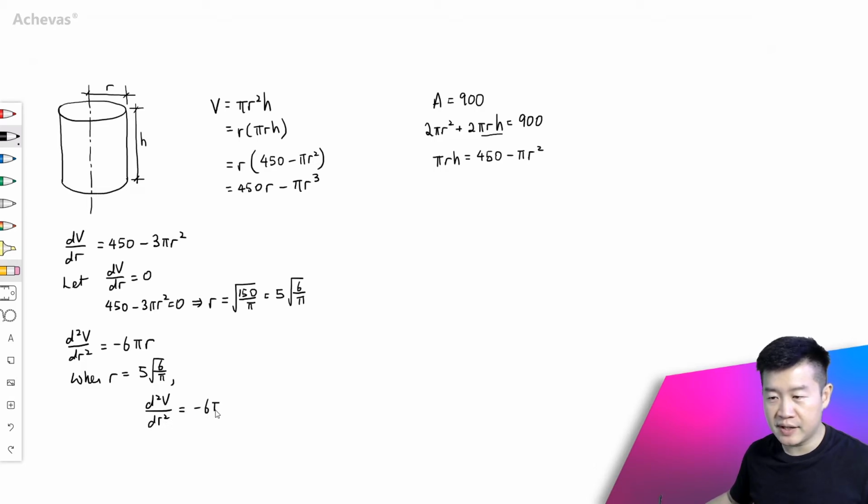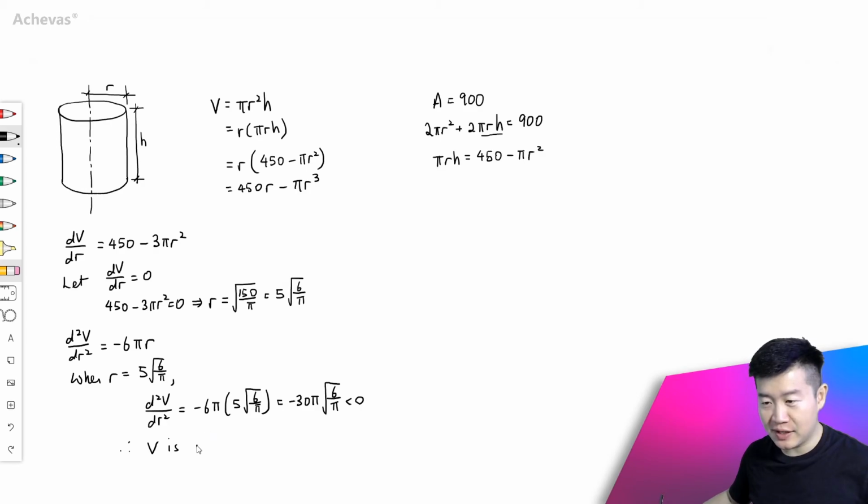This will be minus 6 pi r, where r is 5 square root of 6 over pi. And this will lead us to d squared V/dr squared as minus 30 pi times square root of 6 over pi, which is less than 0, which means that we now know V is at its maximum.